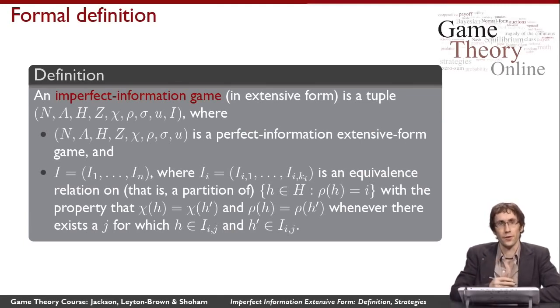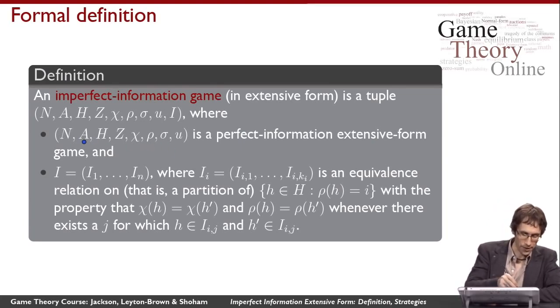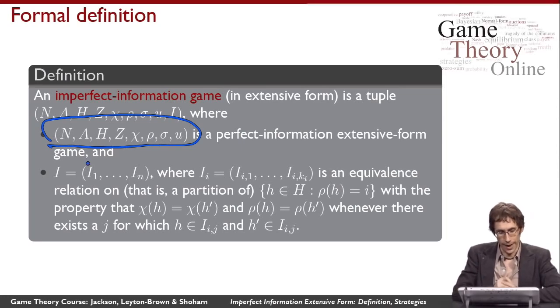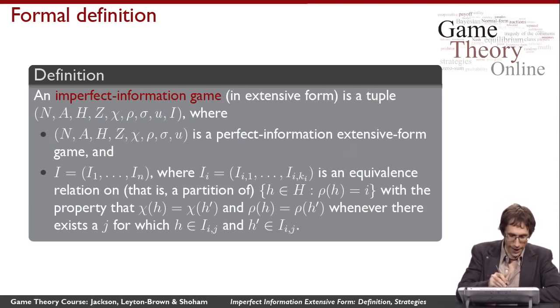So let's say that a little bit more formally. To formally define an imperfect information extensive form game, we start with a perfect information extensive form game, which we've already learned how to define before. And then we're going to add this ingredient of equivalence classes. So we're going to add this element I, which is a set of sets of equivalence classes, one for every player.